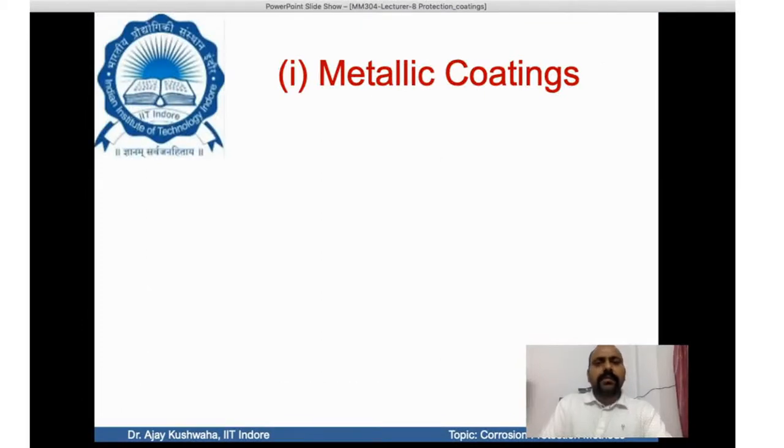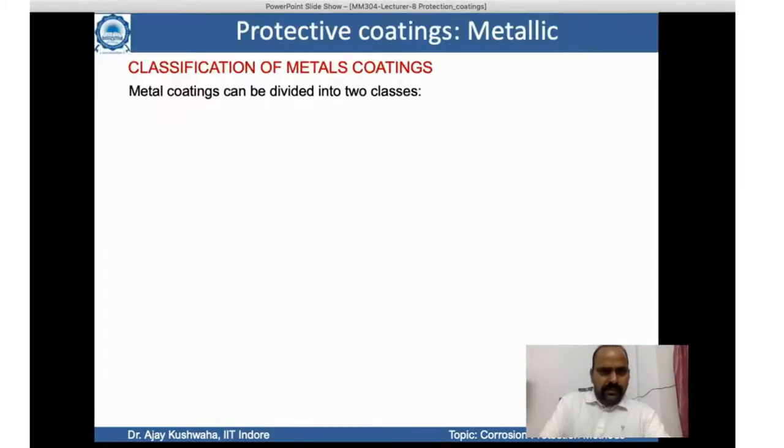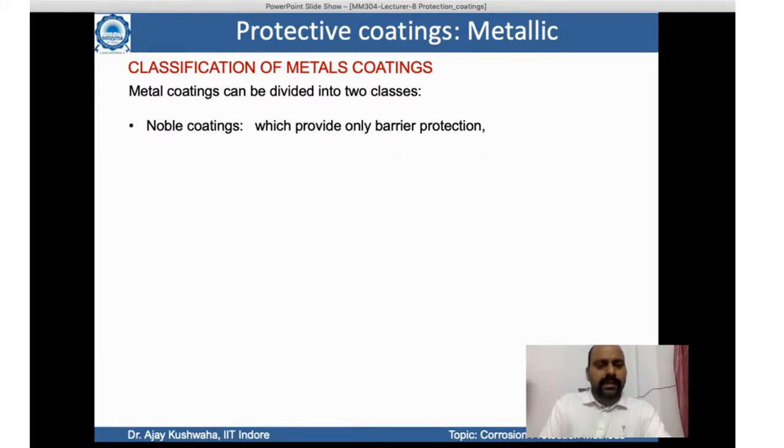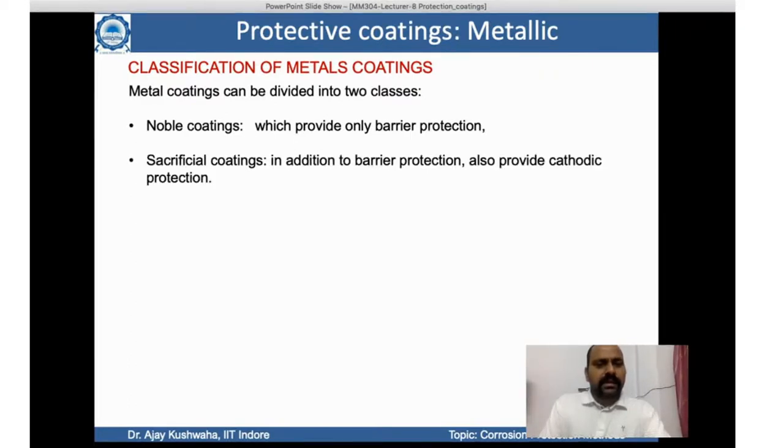Let us start with the metallic coating first. We can divide the classification of metallic coatings into two classes. One is noble metal coatings, which provide only barrier protection, and the second is sacrificial coatings, which in addition to barrier protection also provide cathodic protection.